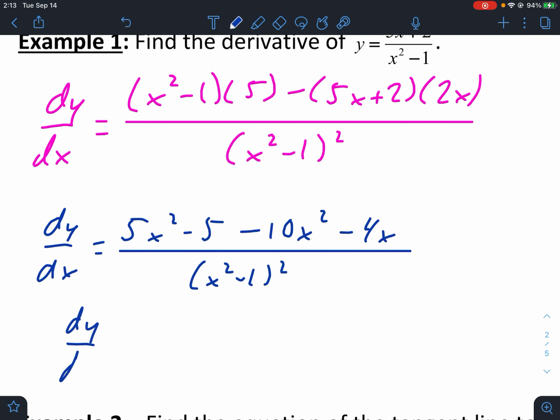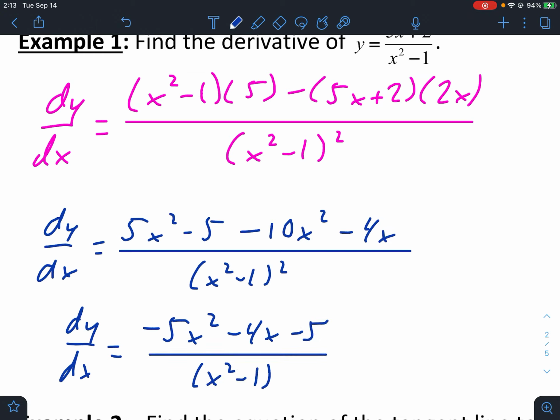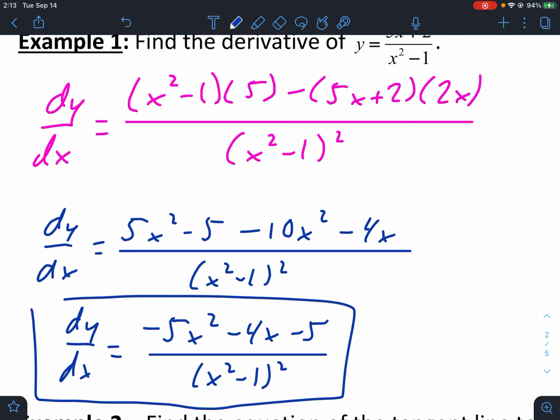And then combining like terms and writing it in descending order. But again, the answer up top there in the pink would be perfectly acceptable if this was a written question.